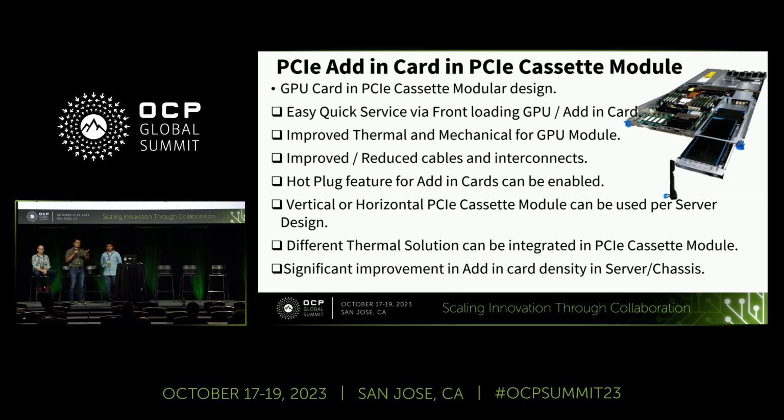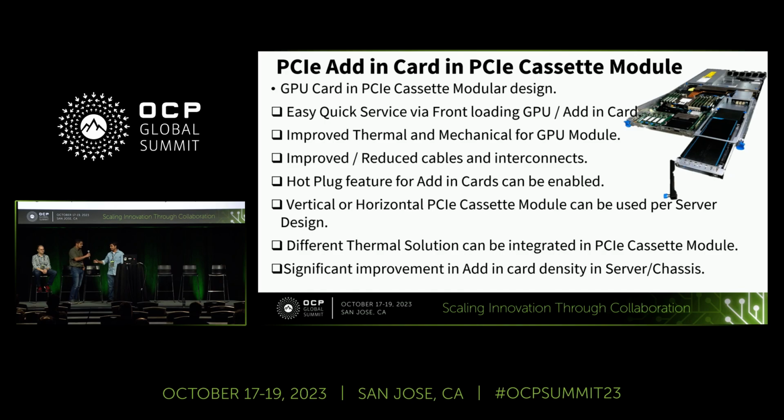That way we can hot service the device, in this case a GPU device or any other device for that matter, whichever we put in the cassette module. So the hot plug makes it easy to service the cassette module.